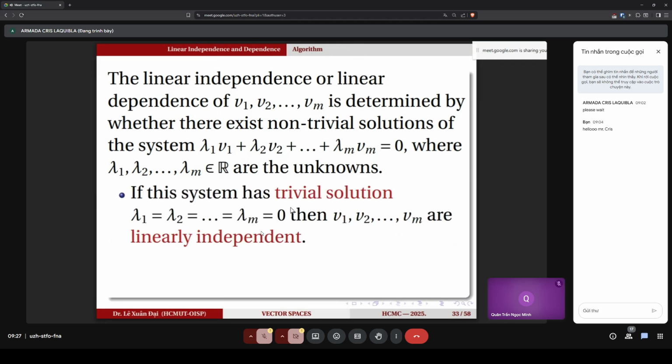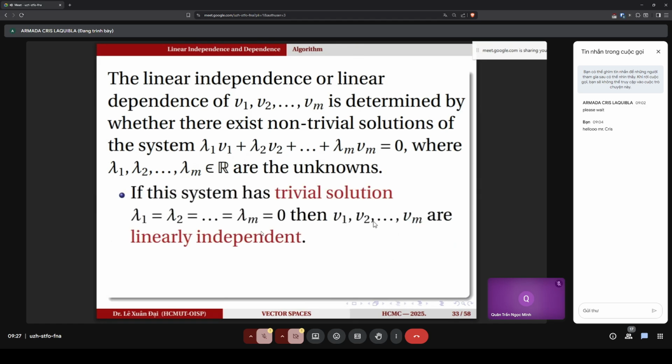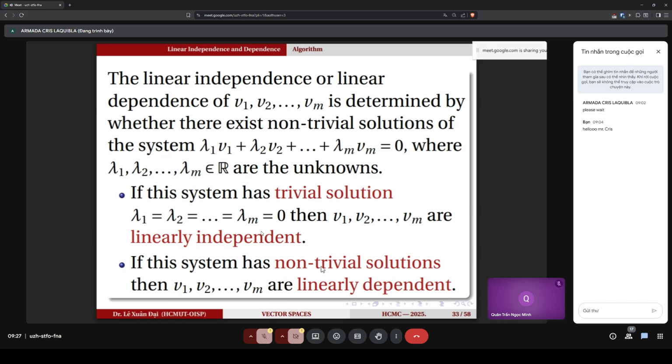If the system has only the trivial solution, all of them equal to 0, then that's linearly independent. If the system has non-trivial solutions, meaning not all zeros in your lambdas, that is what you call linearly dependent.